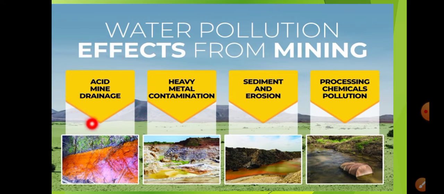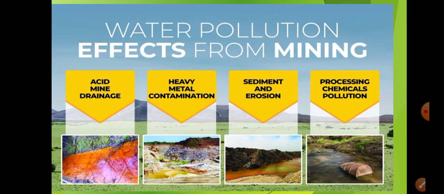That is, the acids are being released from the mines into the drainage system. Heavy metal contamination: as you are doing mining, the ores, the raw form of substances, are being extracted. So it may happen that because of continuous mining, heavy metals may also be released from such mining, and then contamination of the water body takes place.